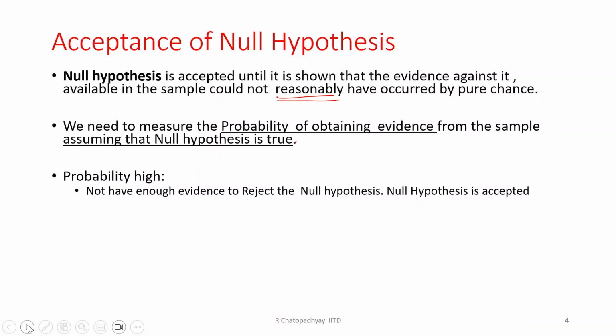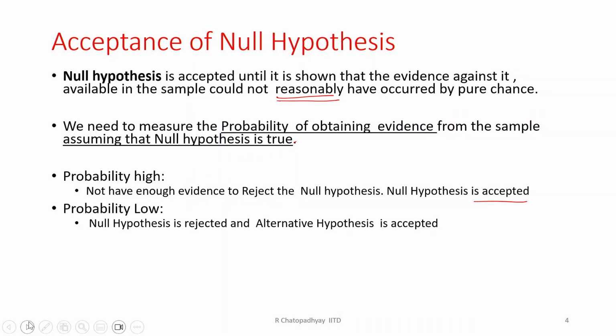Then if the probability that we find is high, then we say we don't have enough evidence to reject the null hypothesis, and the null hypothesis is accepted in this case. So the probability of the null hypothesis being true is high.